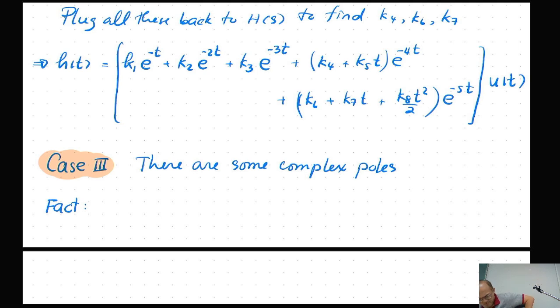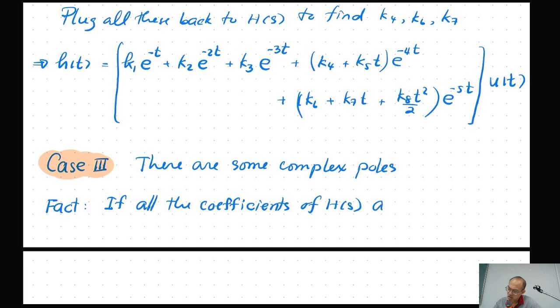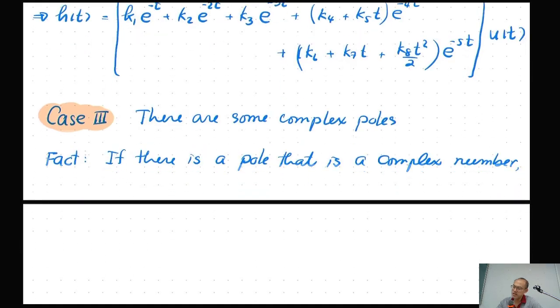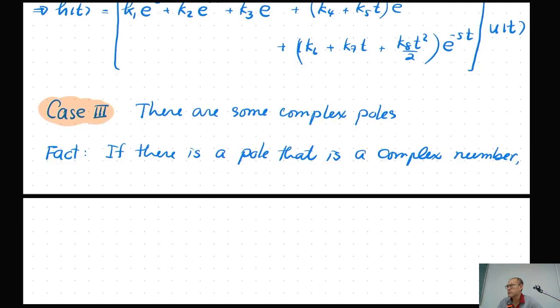The algebra states that if all the coefficients of Hs are real numbers, and there is a pole that is a complex number, by complex number I mean the imaginary part is not equal to 0. That is what I mean by complex number.